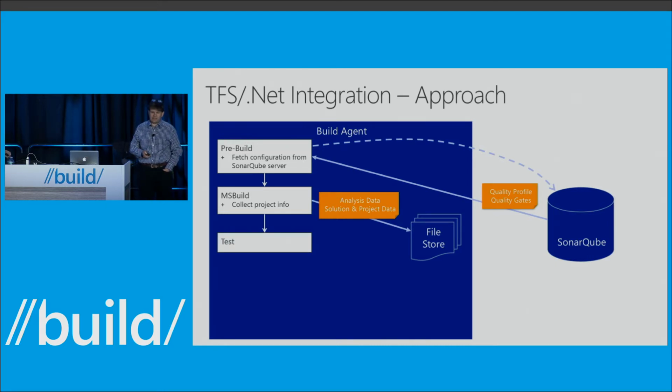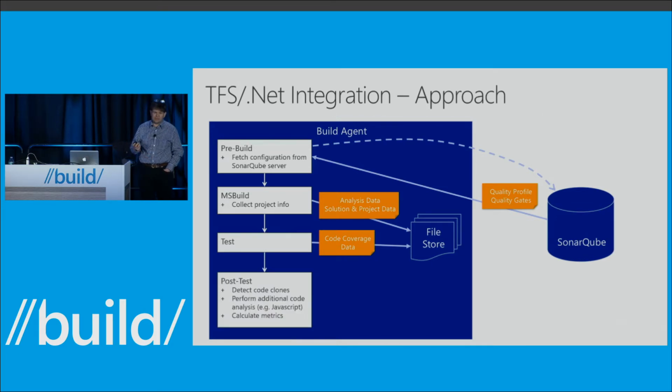You then run test. That will generate code coverage data. That's just part of standard configuring of the builds in TFS. And then post-test, a number of things are done. Well, the first thing is it goes to the file store to fetch all that data that came back. Then it can run some additional analysis. So the Sonar Runner actually detects code clones.